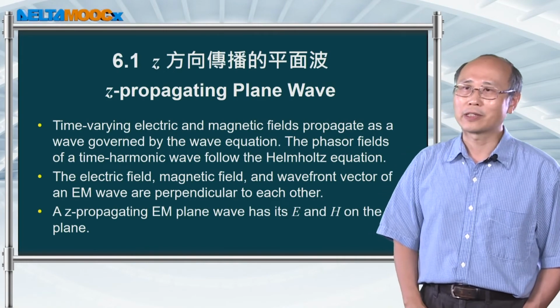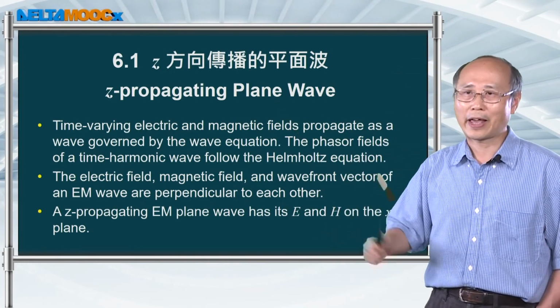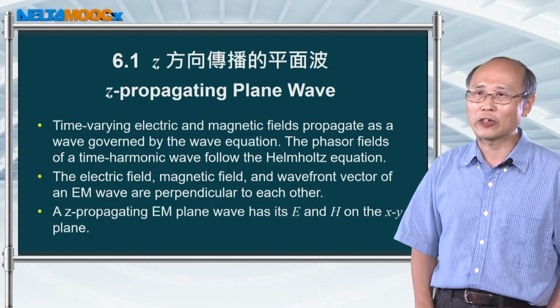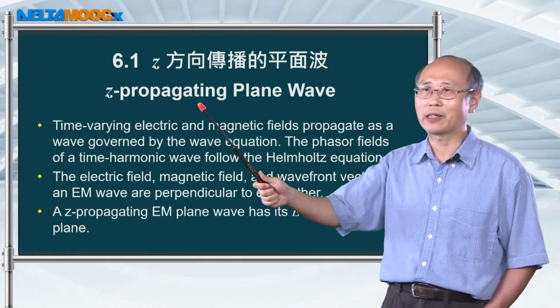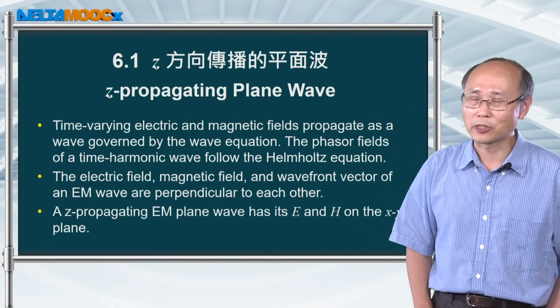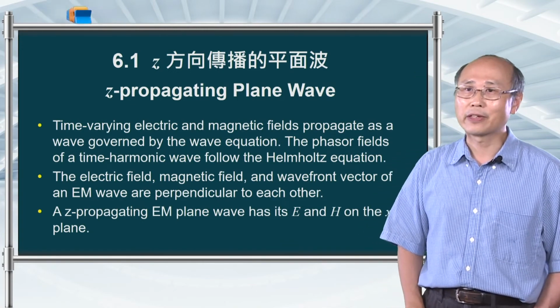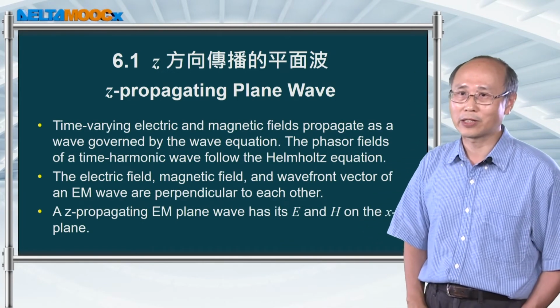So in this section, we more or less understand the physics and also expressions for the field for a z propagating plane wave. And we talk about there are two possible solutions. One is along plus z direction. The other is along minus z direction.